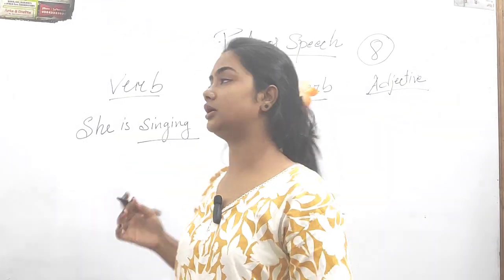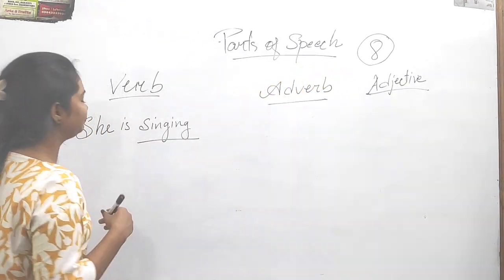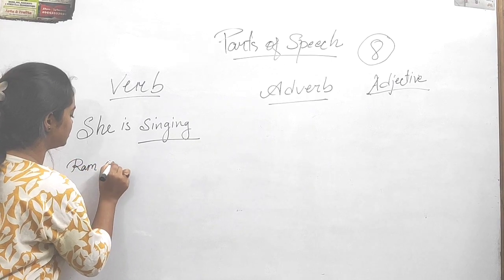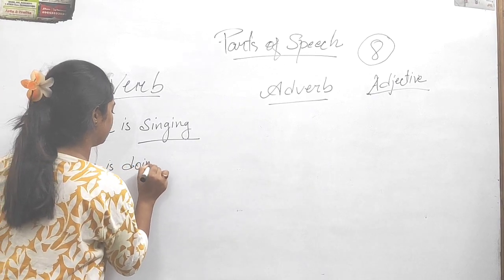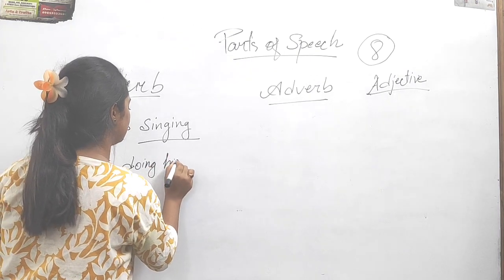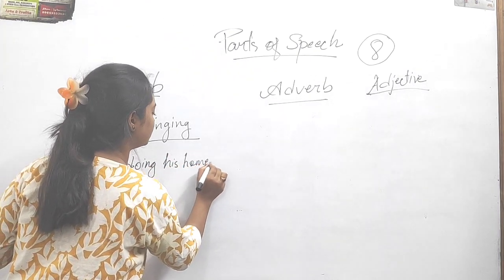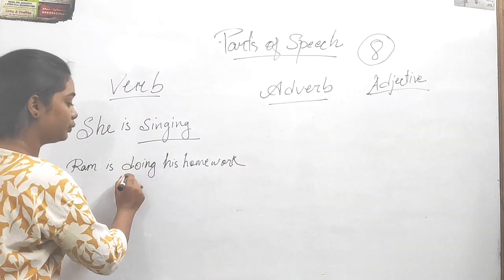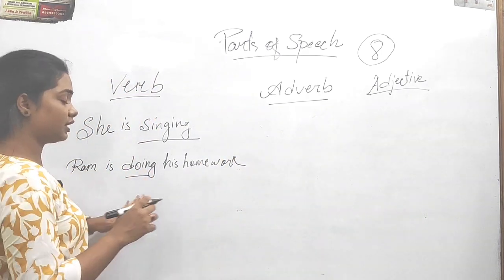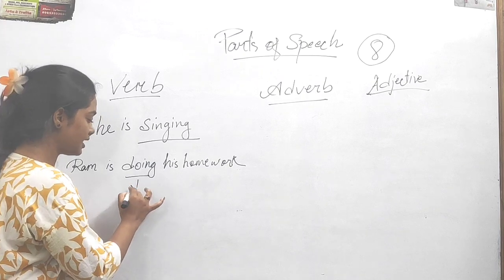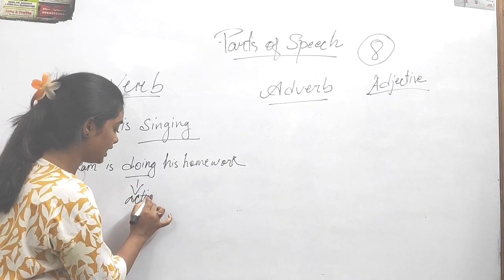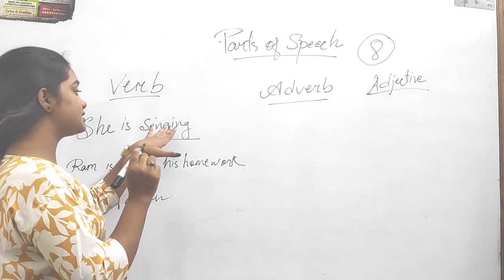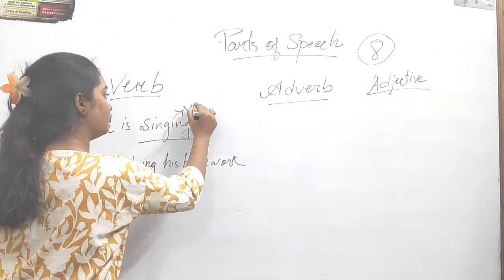Anything which we are doing. Ram is doing his homework. So here you tell me which will be the verb. Here doing is the verb because it tells you about the action. This is the state of action. Yes. And then singing, this is also your verb.